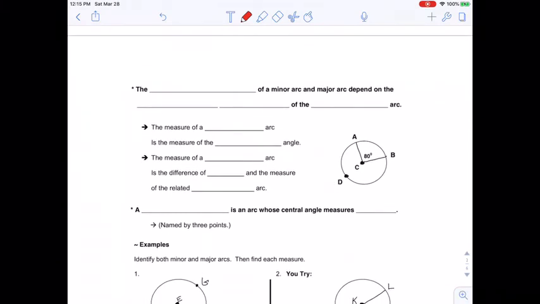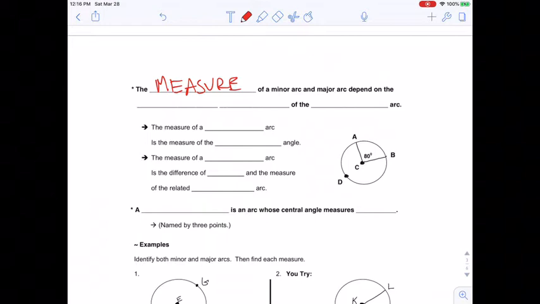So let's talk about this. How are we going to figure out these degrees? Well, the measure of a minor arc and a major arc depend on the central angle of the intercepted arc.